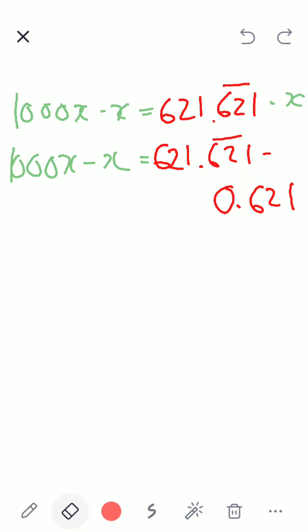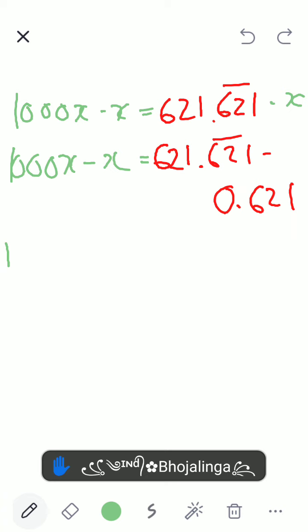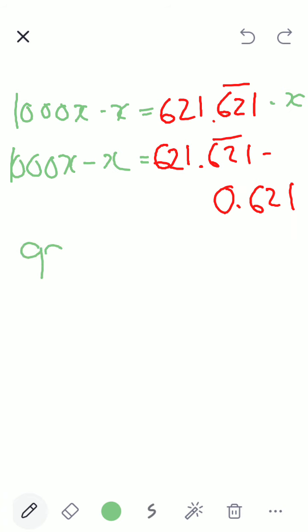So I will write my next step as 1000x minus x is how much? 999. So 999x is equal to 621. Now I want to make x alone.